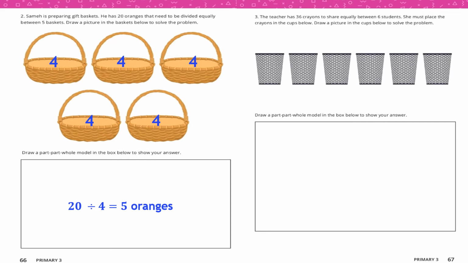So in each cup we will put 6. And our division equation will be 36 divided by 6 equals 6 crayons, because 6 times 6 equals 36.